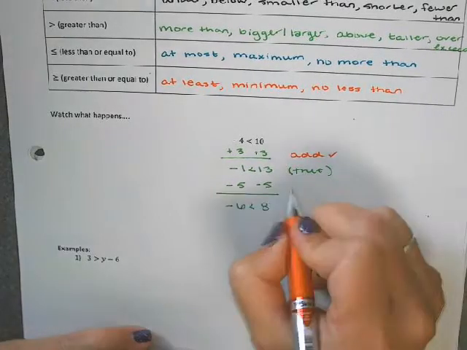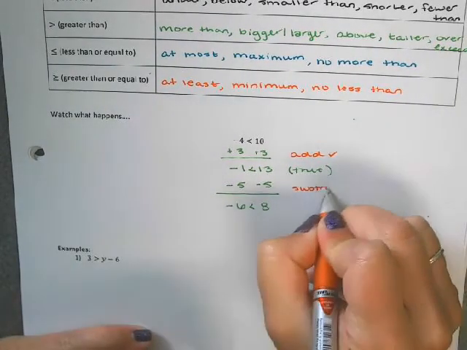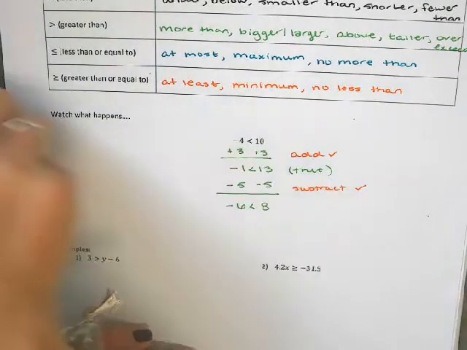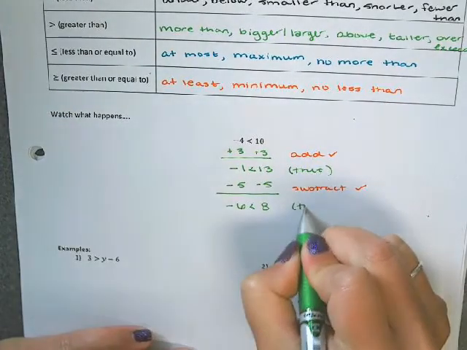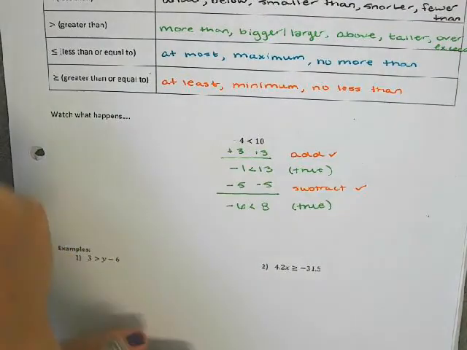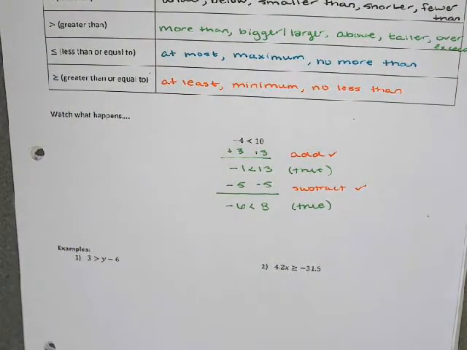So when we subtract, that still works also, because it remains true. Those numbers are still going to be the same distance apart on that number line. We just shifted them this many units to the left or this many units to the right when we're adding or subtracting numbers. Can you kind of visualize that? And if it's to the left on the number line, then it's less than the number that's on the right.